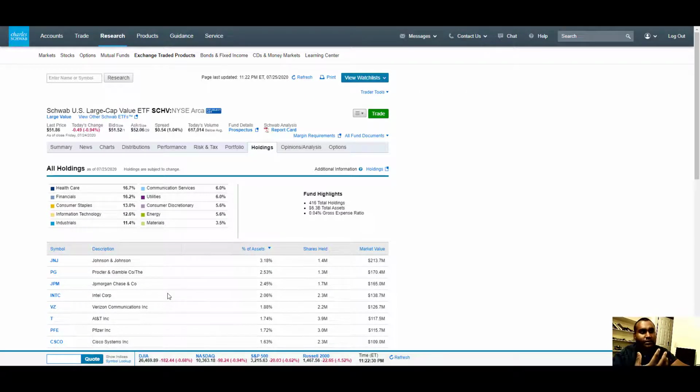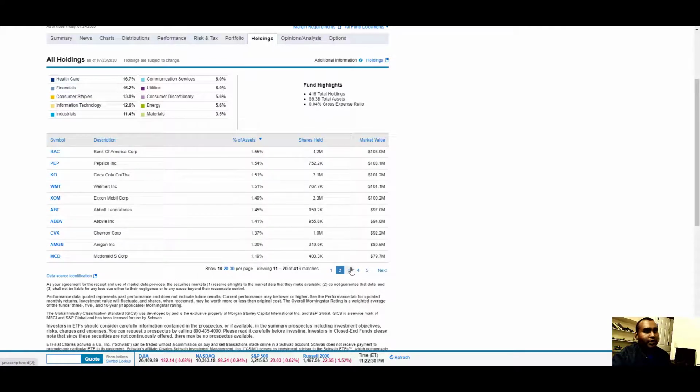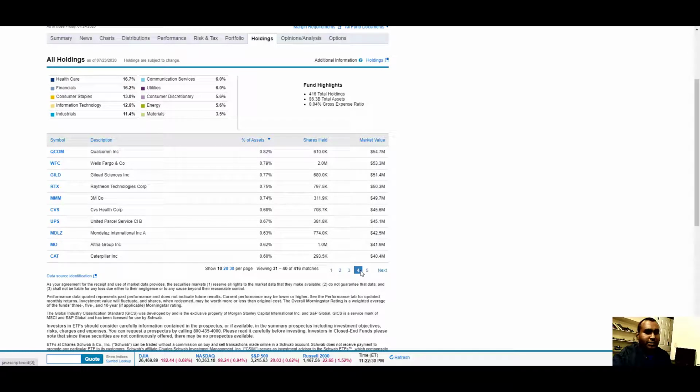I have about 8 ETFs that I bought from them, and you can see the companies they are invested in: Johnson & Johnson, Procter & Gamble, JP Morgan, Intel, Verizon, AT&T, Pfizer, Cisco, Comcast, Merck, right? These are all automatic. I get exposure, and I don't have to go and read about every single one of these companies. This is what you pay the expense fees for.